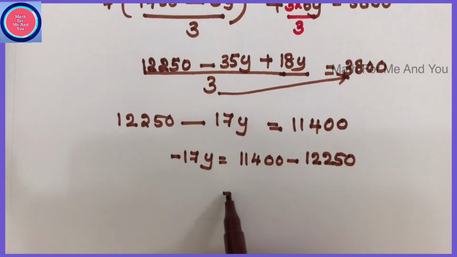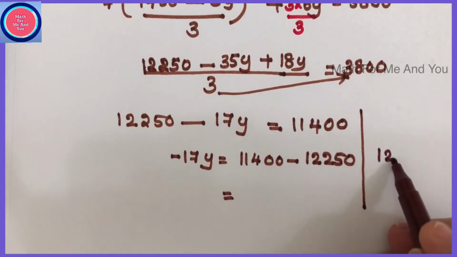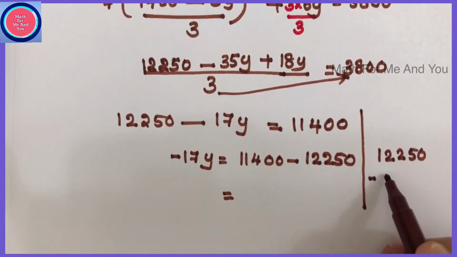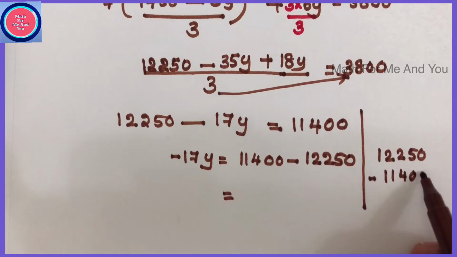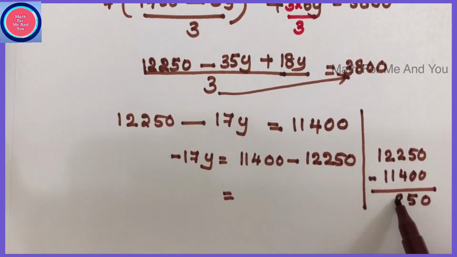We get the answer on the right side. It is just subtracting the big number: 12,250 minus 11,400. Then the answer, how much do we get? It is 850.